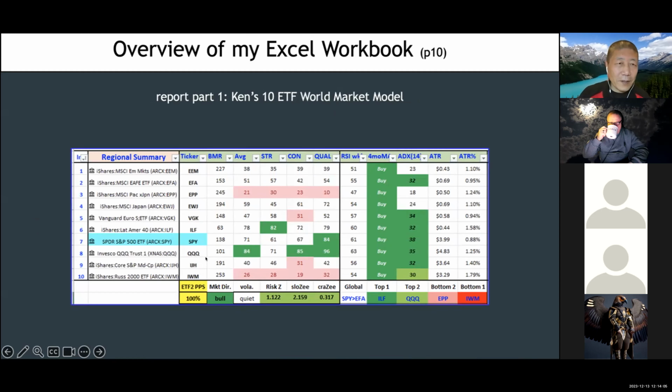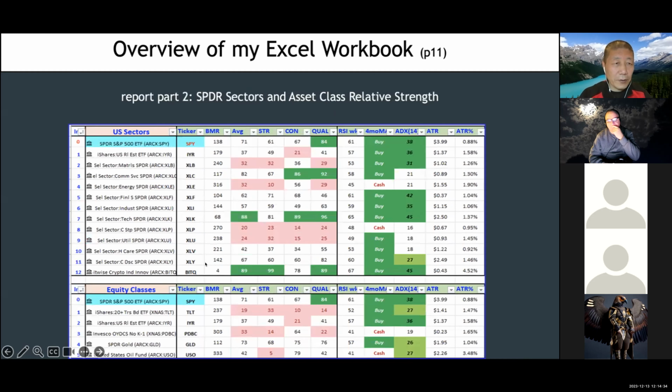Yeah, this is the report. The first report is Ken's pan ETF work market model. Here the ETF to the position sizing things. These days, we have 100% position sizing. I really like this. This is my first report, no different from Ken's weekly report. This is the sectors report and the asset classes report, the same thing as Ken's weekly report.